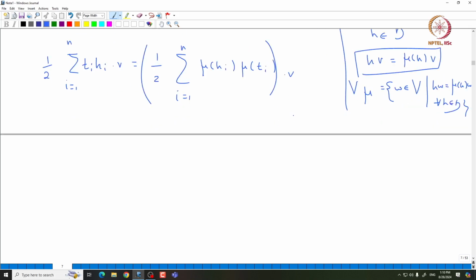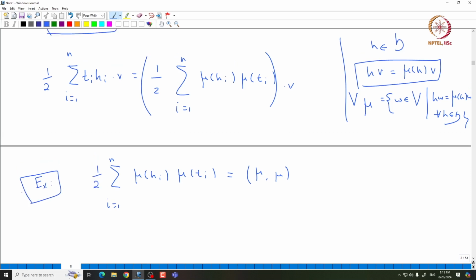It is not hard to see, because h_i and T_i are dual bases with respect to the Killing form, that this is exactly equal to the inner product (mu, mu). This is something we have already done. Anyway, I will leave it as an exercise for you to do it again.